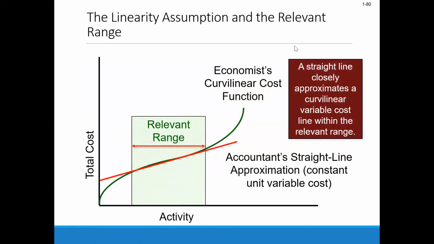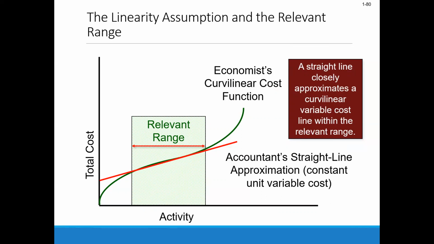Now, here is when we talk about the relevant range. There is a total cost. The straight line closely approximates a curvilinear variable cost line within its relevant range, meaning all costs at some level can become variable.